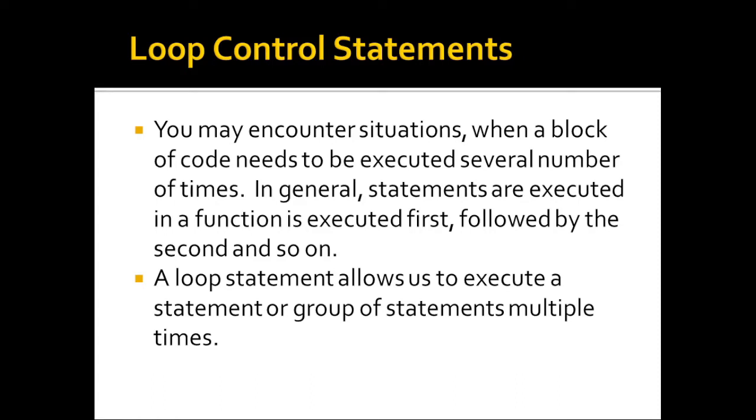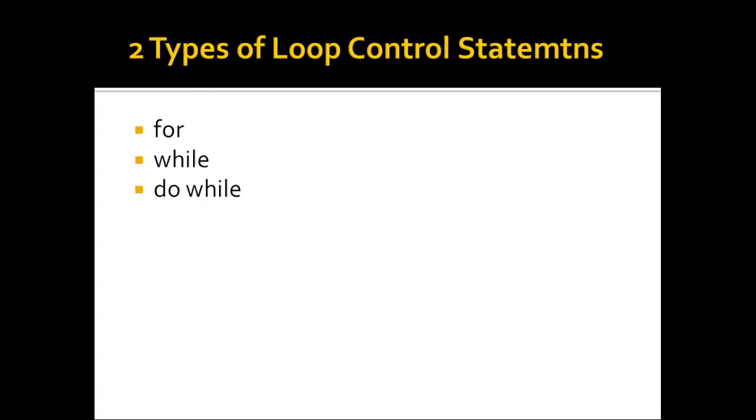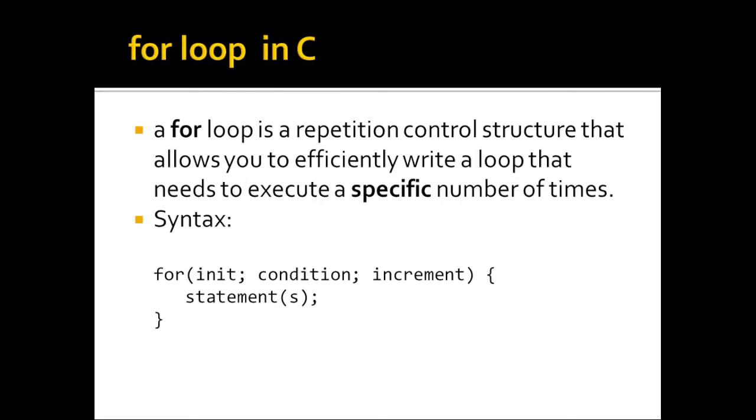A loop statement allows us to execute a statement or group of statements multiple times. Here are three types of loop control statements. We have the for loop, the while loop, and the do while loop. And this will be discussed on our next slides.